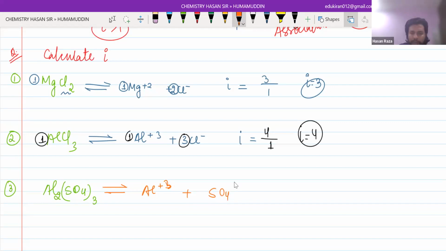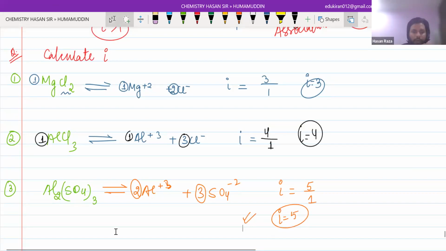In order to balance it, it will go like this: 3 SO4 2- and 2 Al3+. Now you can see the number of moles is 3 and here 2, so the total after dissociation is 5, and before dissociation it is 1. So i will be equal to 5. Are you getting my point? Yes? Okay, please write it. Then I'm going to give you a question.